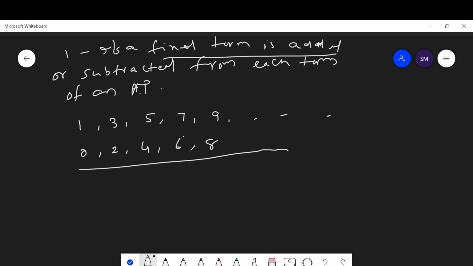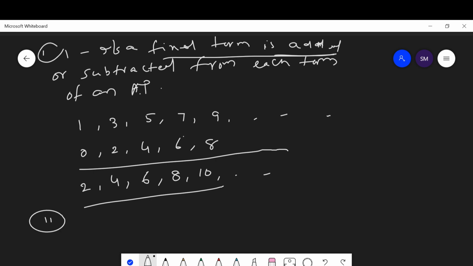If 1 is added to each term, the first term becomes 2, then 4, 6, 8, 10. Yes, these are also in AP. So the first property says that if a fixed term is added to or subtracted from each term, the sequence is also an AP. This is an important property of AP.